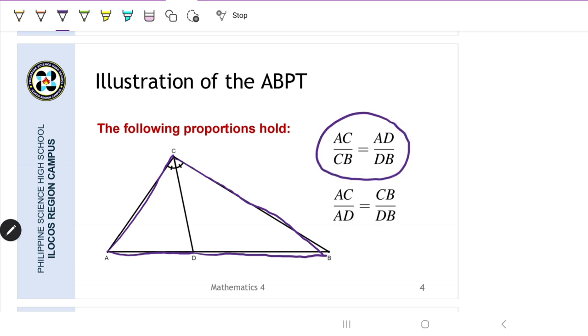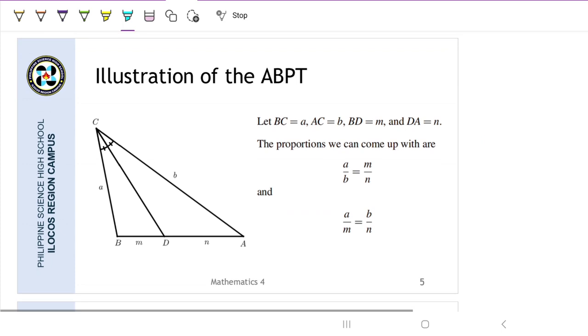If we rewrite this equation, we can also say that AC over AD is equal to CB over DB. To generalize these two proportions, we can use the following naming conventions or legends.